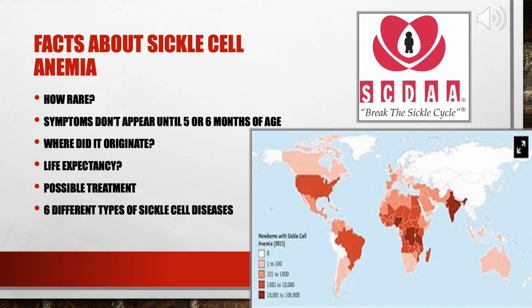One parent passed on an abnormal hemoglobin S gene, and the other parent passed on a gene for abnormal hemoglobin O.